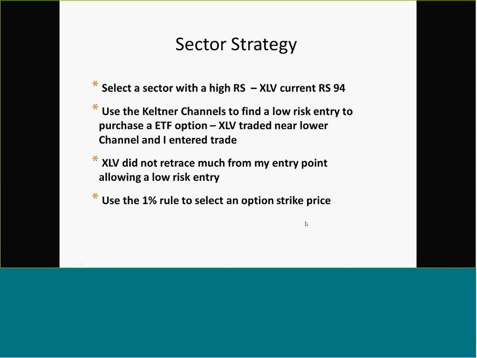And the important thing is the XLV did not retrace much from my entry point, so it allowed a low-risk entry. And then I used the 1% rule to select an option strike price. And XLV only had to go up 1% in order for me to break even and start making money on my trade.